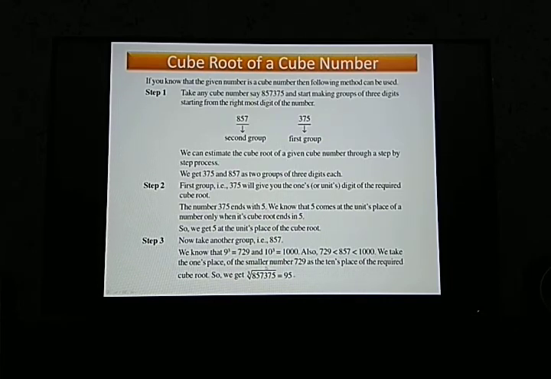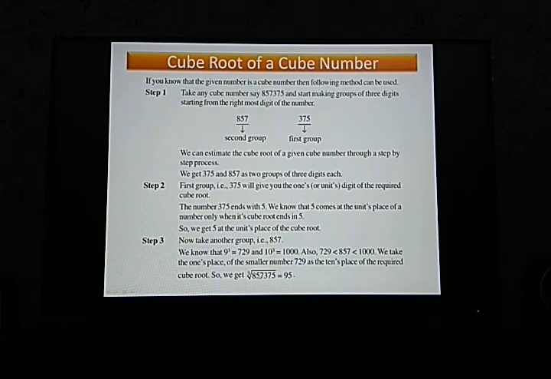So the smallest number here is 729, and the unit place of 729 ends with 9. If you remember it correctly, only a number whose unit place is 9 has a cube root ending with 9. As a result, we will take this 9 as our required digit.